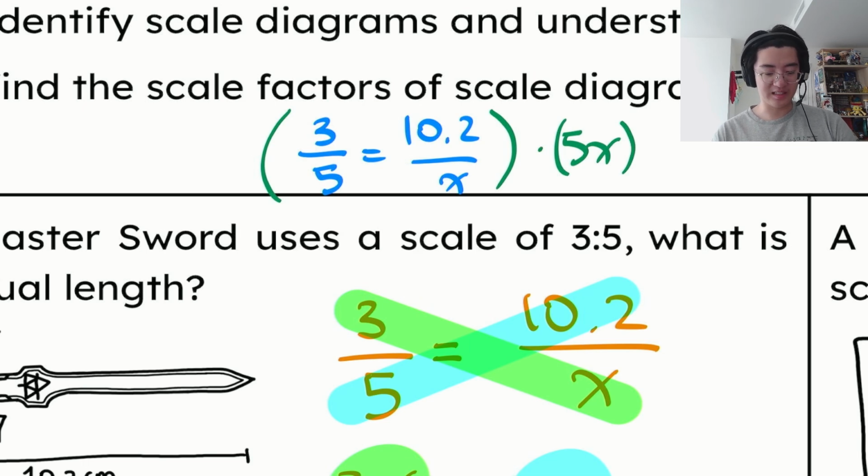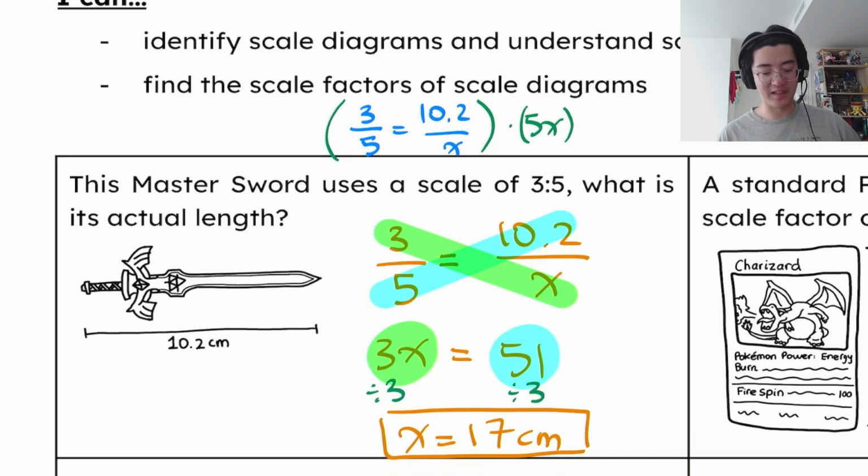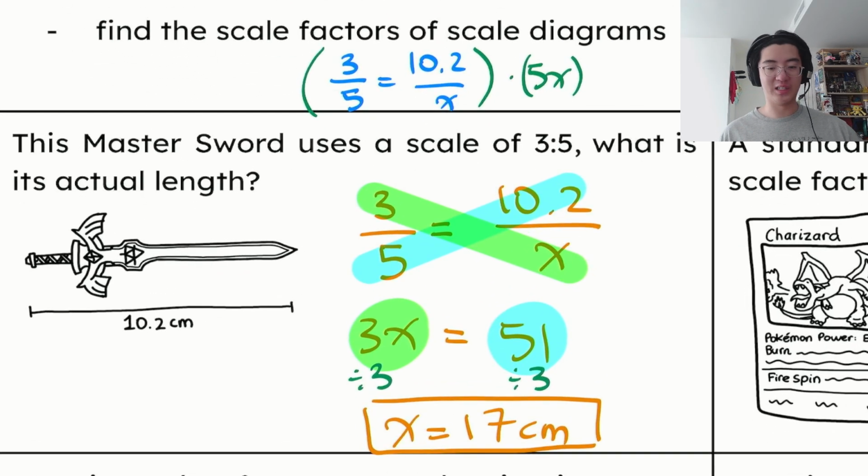Then 3 over 5 times 5x, we cancel out the 5 to get 3x remaining. And 10.2 over x times 5x, we cancel out the x, so we multiply the 10.2 times the 5. That's why cross multiplication works. It's just a faster way to think about multiplying everything by the lowest common denominator.